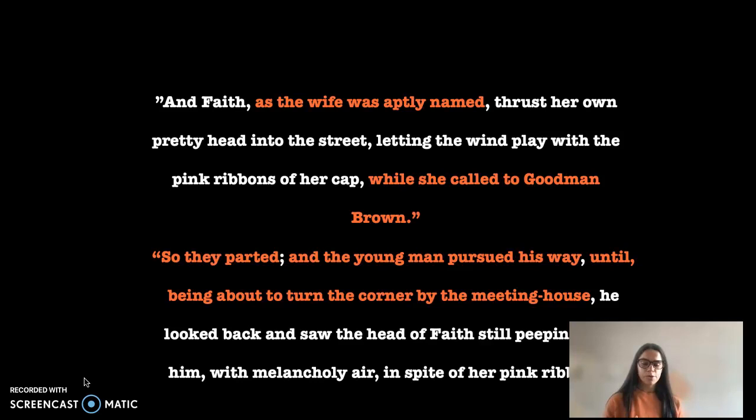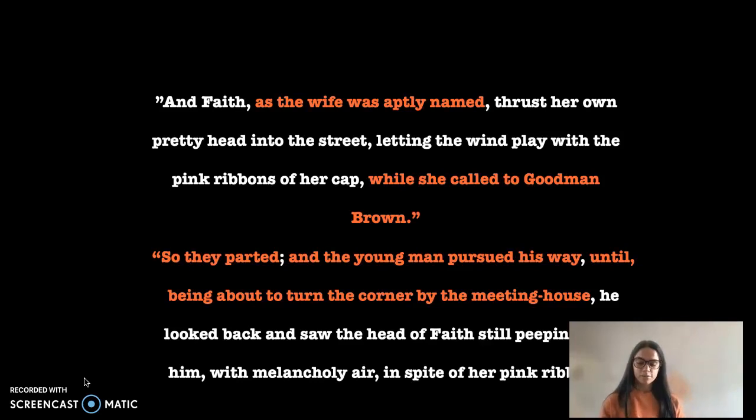So this is creating symbolism and symbolic messages for the reader. It is also adding description to the character, and then following it says, "while she called to Goodman Brown." So it is conveying the message of the man losing his faith within the text, all while describing the character herself.